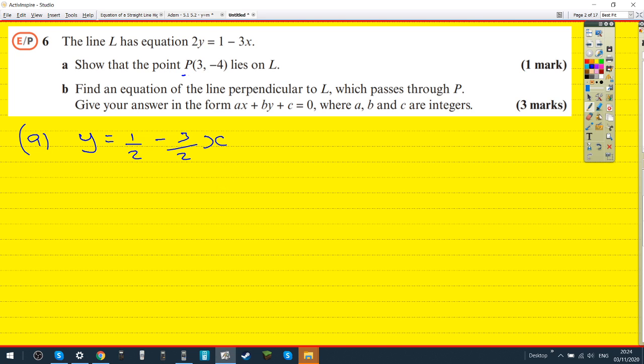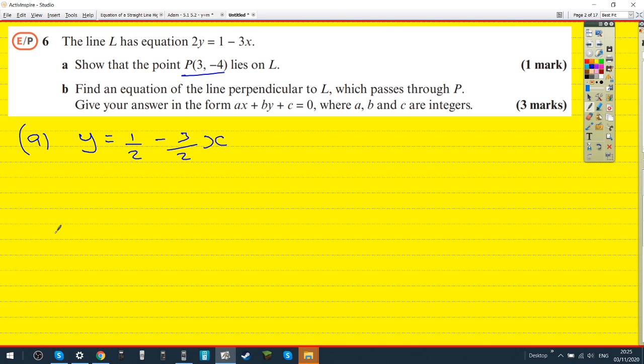So how do we show that 3, minus 4 lies on this line? Now do we substitute 3 and minus 4 in? The way I would do it, and I think the way they like it set out, is if you sub in just 3 for x.